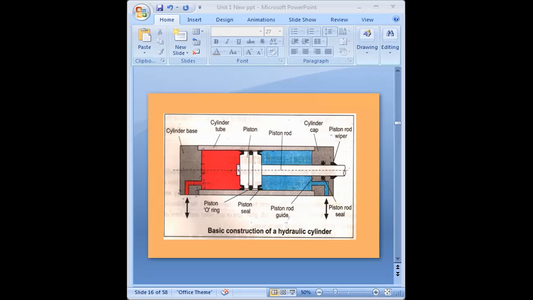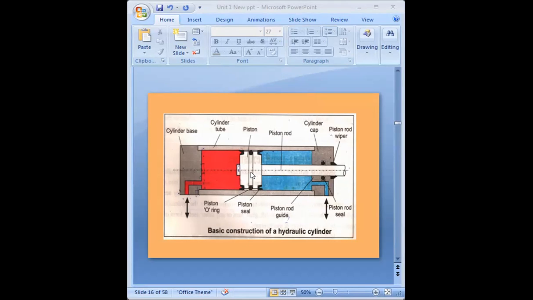Due to that force, the piston and the piston rod are going to move toward the piston rod wiper end, or you can call it the piston cap end. That linear motion happens due to the force exerted by the pressurized fluid. Getting it?